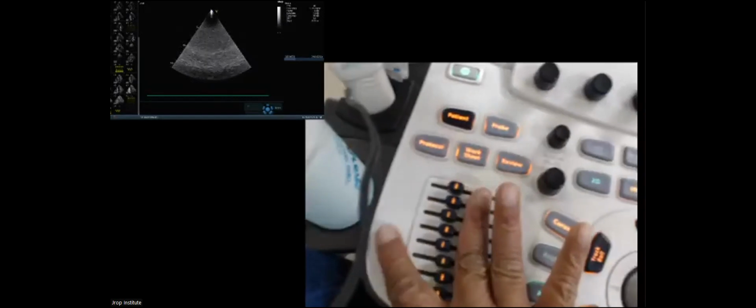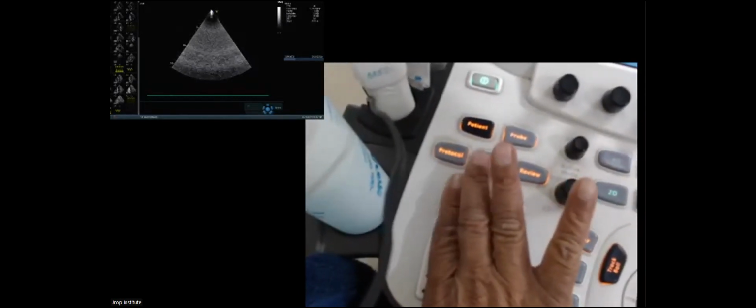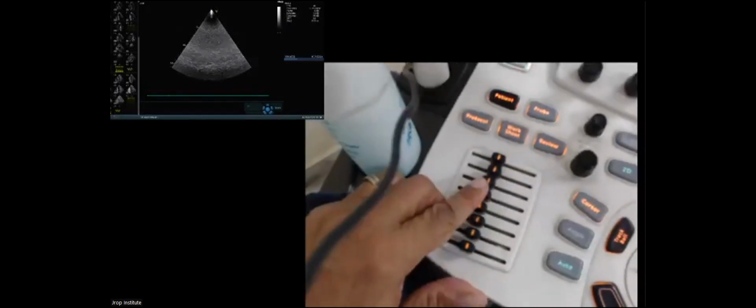Correct? Now I'm increasing my lower gains or distal gains, and I'm coming up gradually one by one. Why do we need all these things? Possibly in this era of linear phased array transducers we do not need this, but when we need to focus on something in obese patients, we need to have these kinds of things.